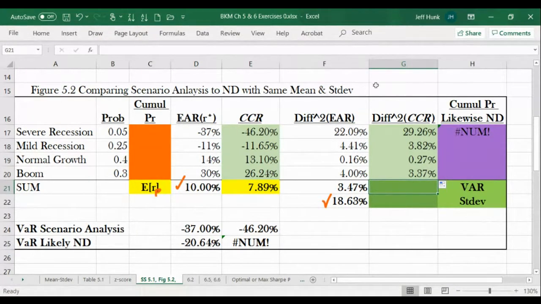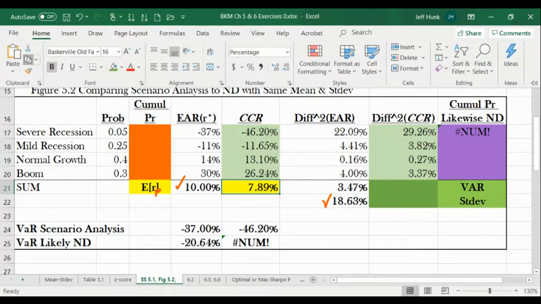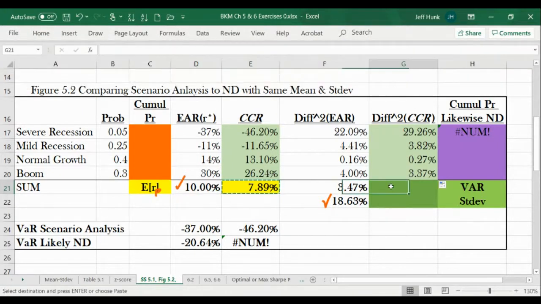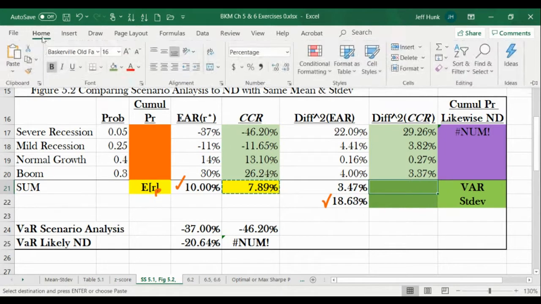And then, I'm going to copy this. I'm going to use SUMPRODUCT, right?